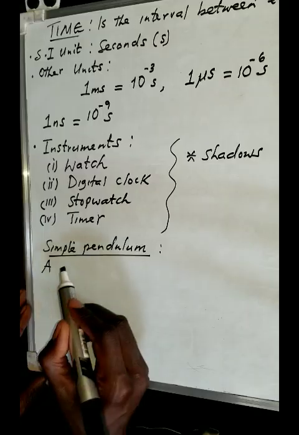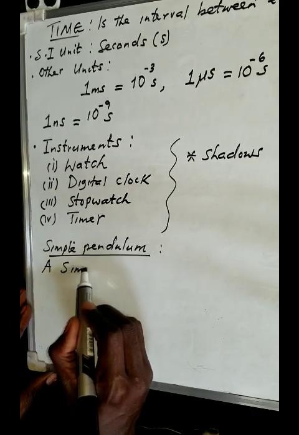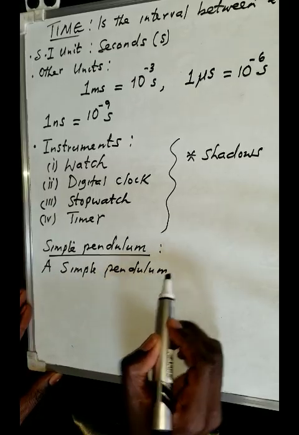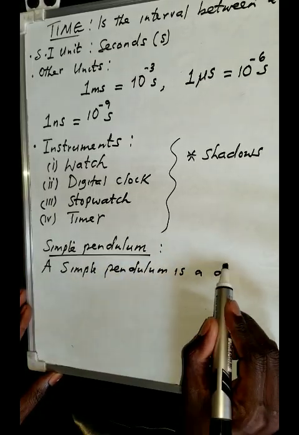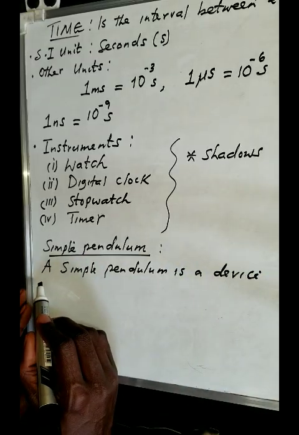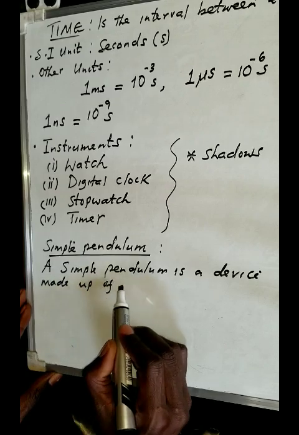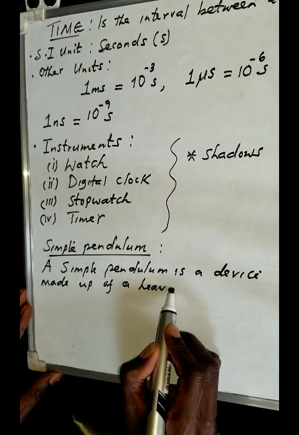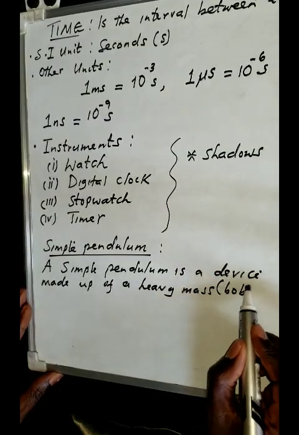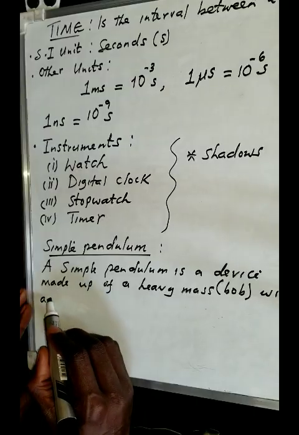Well, we can say that a simple pendulum is a device made up of a heavy mass, and that heavy mass is what we call as being a bulb with a string.